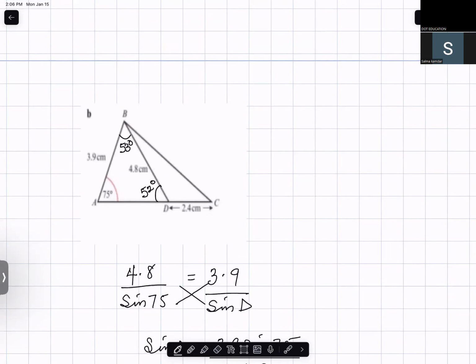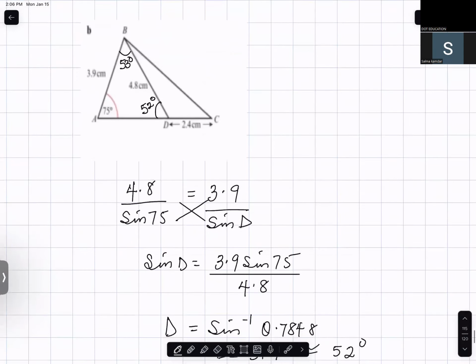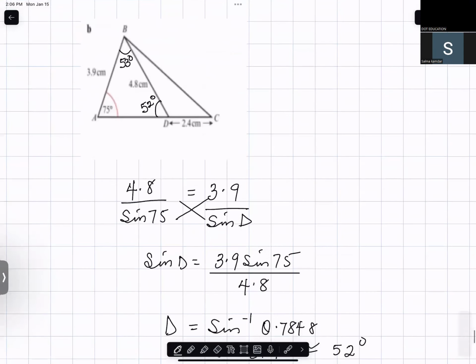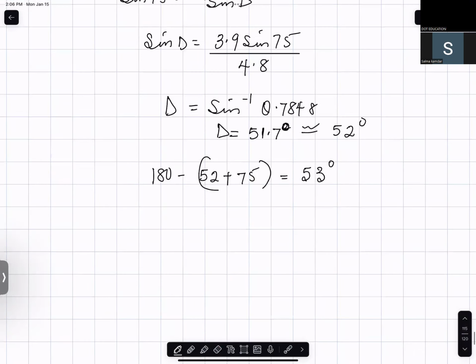Having gotten this angle at 53, I can use that to solve for this side. I think B is a better option for that, so let's have that as B. So we have B over sine 53 equals any of the sides you want to use, 4.8 over sine 75.